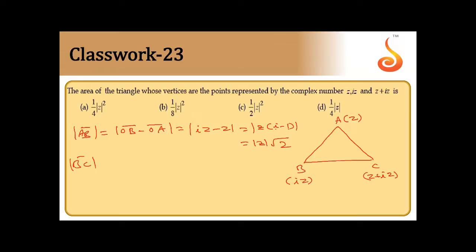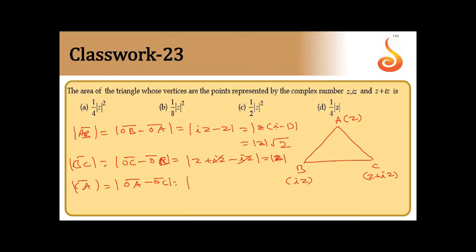Same for the BC length: OC minus OB. Z plus iz minus iz, iz cancels. This is mod z. So the CA length: OA minus OC, you can use the vector concept, it doesn't matter.